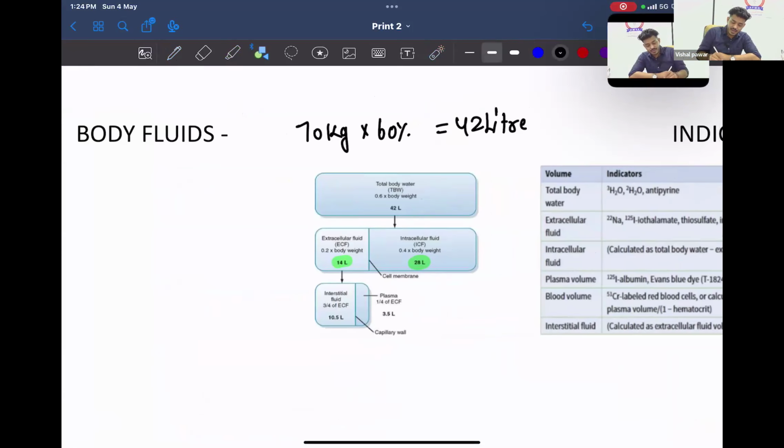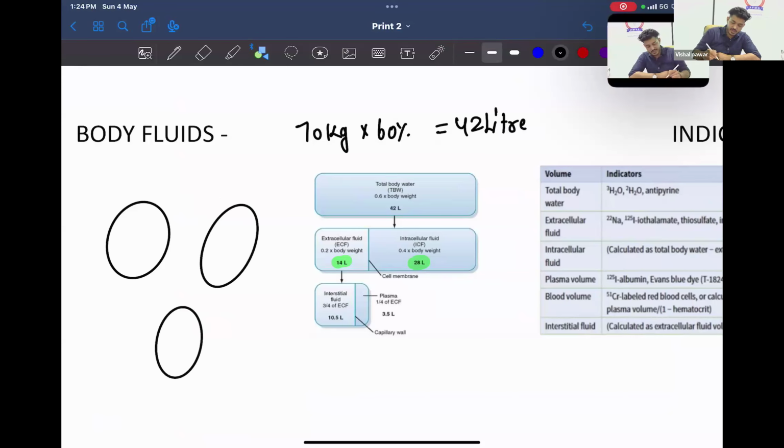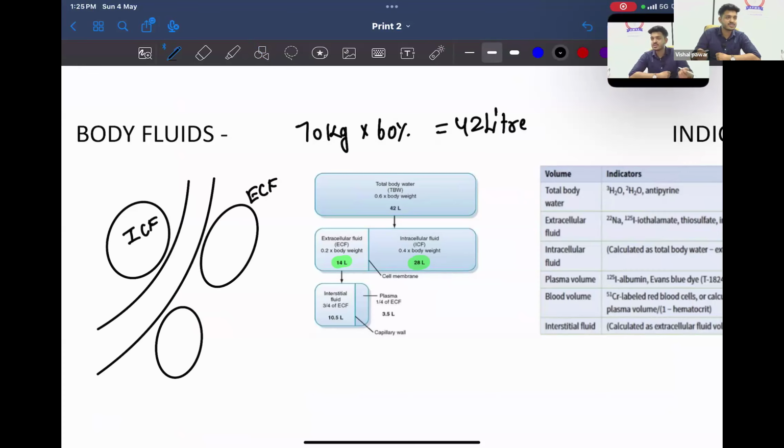So you can understand we have multiple cells, and we also have plasma. This fluid either can be inside the cell, which is known as intracellular, or outside the cell, which is known as extracellular. This extracellular can be of two types: either it is present in the blood vessel, which is known as plasma, or it is present between two cells, which is known as interstitial fluid.